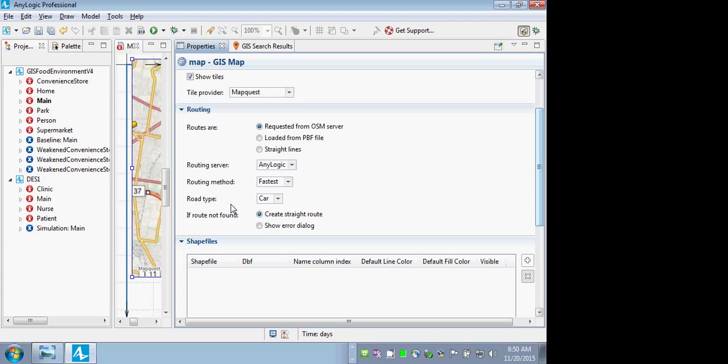Both Dylan and other students that I've worked with have made significant use of some of the additional functionality. One of my students imported shape files, and this was with an earlier version, AnyLogic 6, and had used shape files of their own source for certain features of the model.